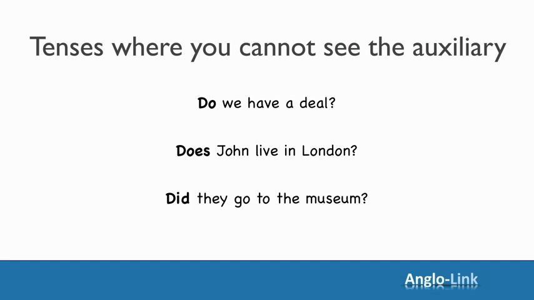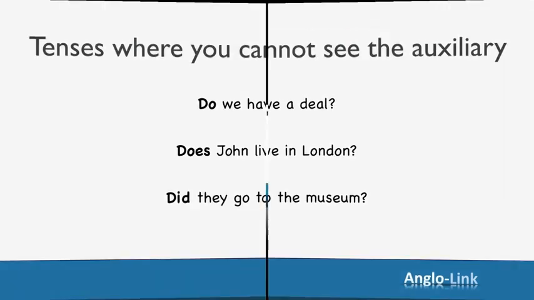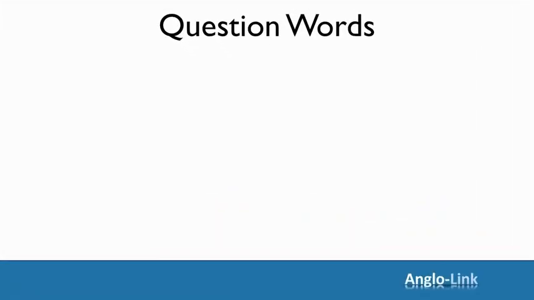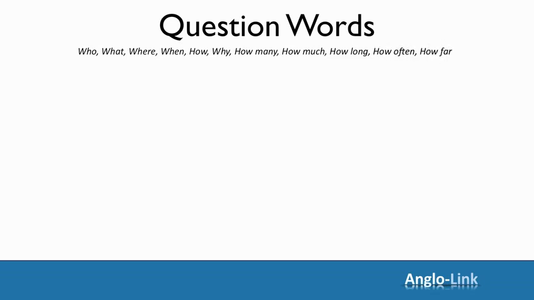Right, now that you have reviewed how to formulate questions, let's look at some question words. Who, what, where, when, how, why, how many, how much, how long, how often, how far.